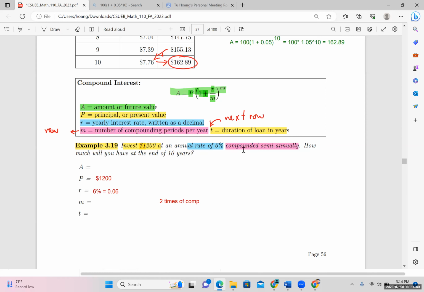And next one is compounded semi-annually. So it means it's going to have two compounding periods per year, right? So M will be equal to 2.